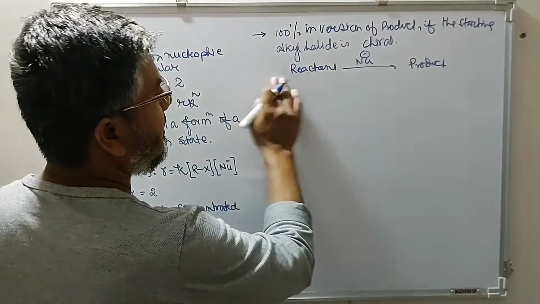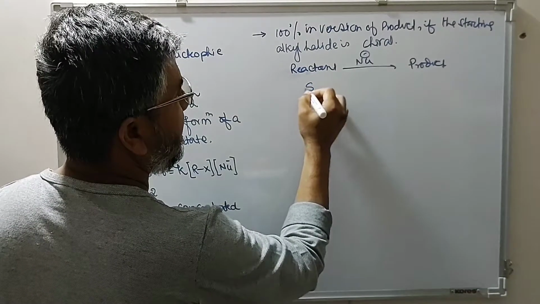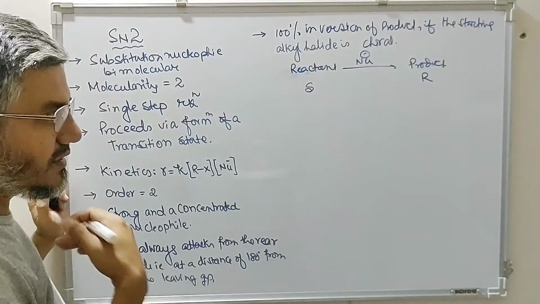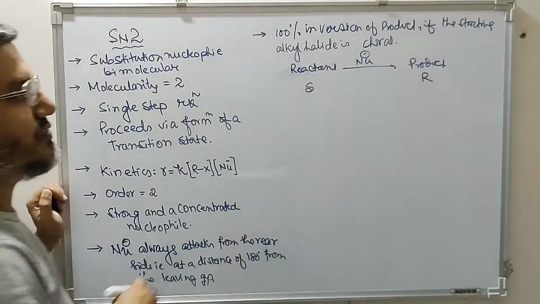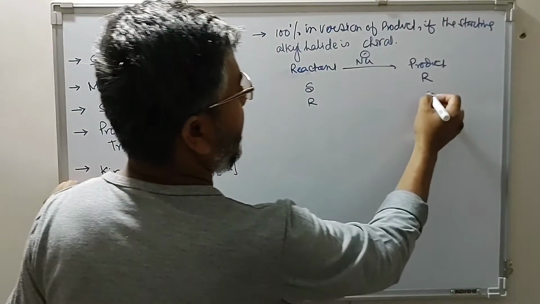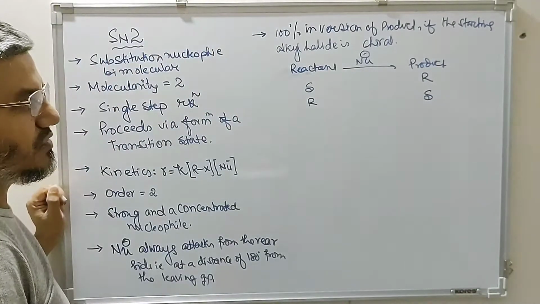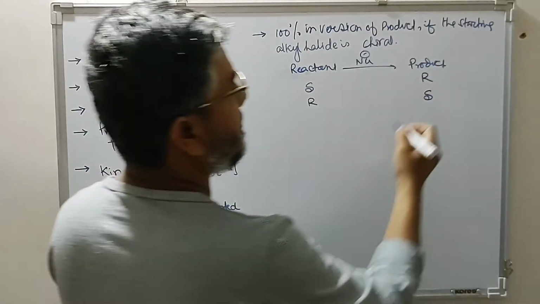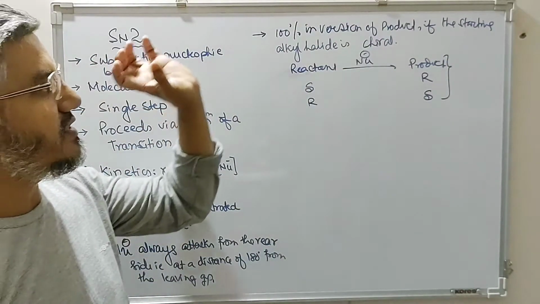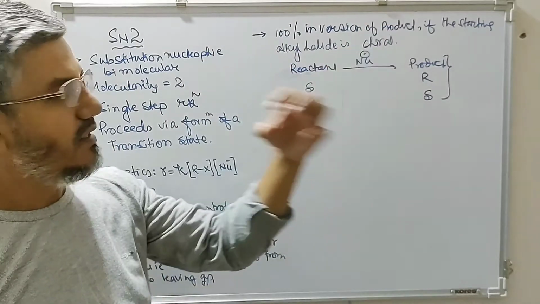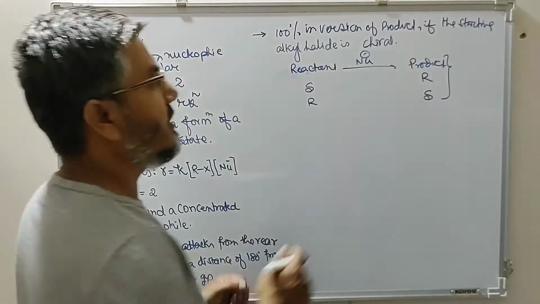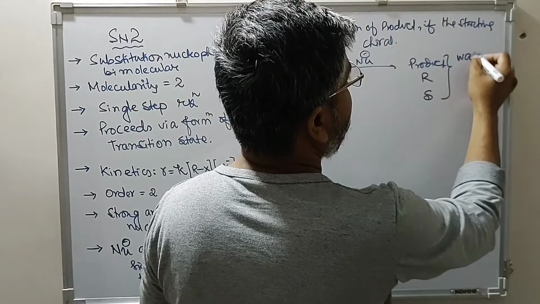The starting reactant has S configuration, the product will have R configuration. So 100% inversion of configuration. If the starting compound has R configuration, the product will have S configuration. So this 100% inversion of configuration is observed in SN2 reaction if the starting alkyl halide is chiral. This 100% inversion of configuration is known as Walden inversion.